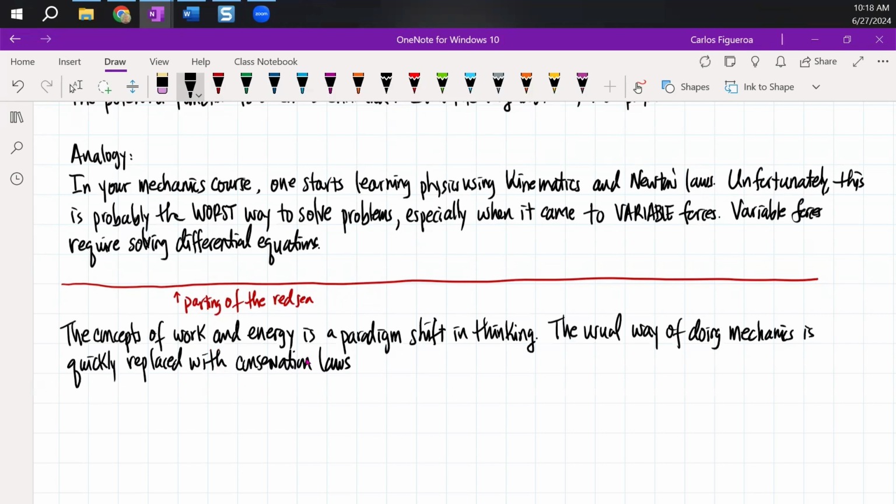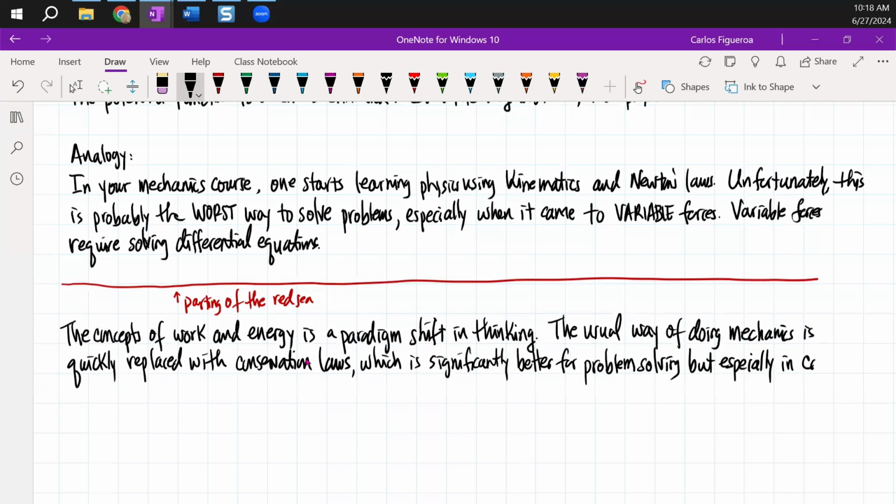And the three main conservation laws in mechanics are conservation of energy, conservation of momentum, and conservation of angular momentum, which is significantly better for problem solving but especially in conceptual understanding.